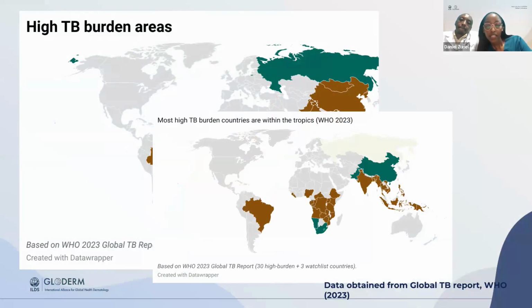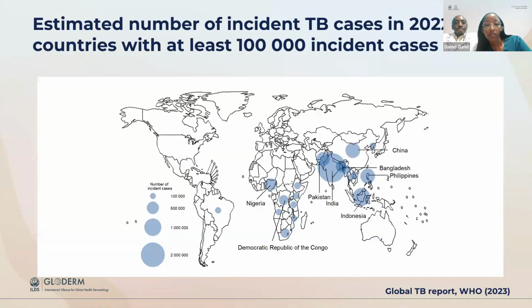This second map highlights the watch list countries, which are Zambia, Zimbabwe, Russia, and Cambodia. The areas highlighted in brown are the areas that fall within the tropical region, and these particular countries fall in the 30 high burden TB areas.